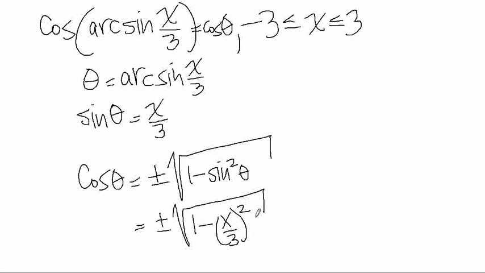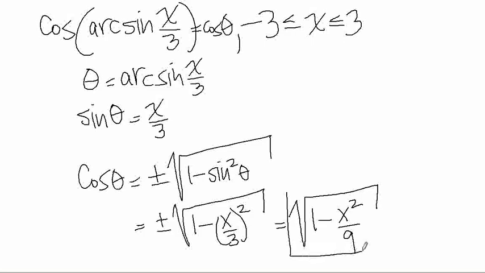Would you agree that the cosine of angle measures with respect to the first and fourth quadrants are always positive? So that's how I know that we can go with the positive version. And let me write it as x squared over 9. Okay, and so that is the answer.